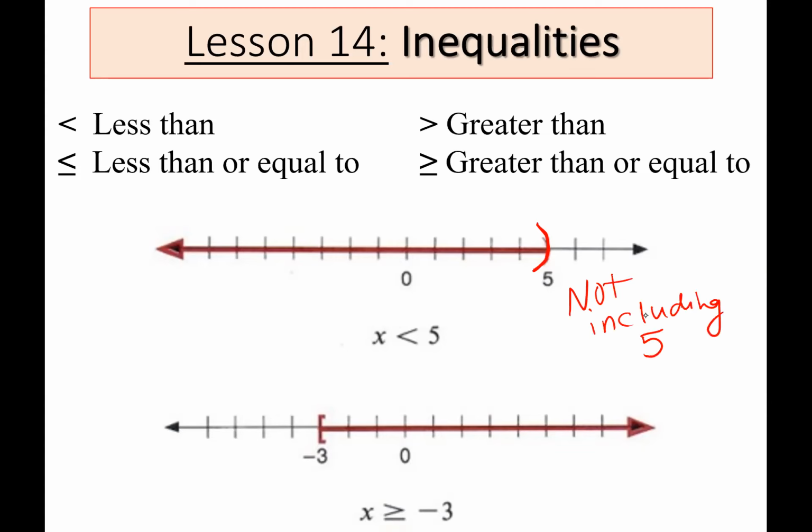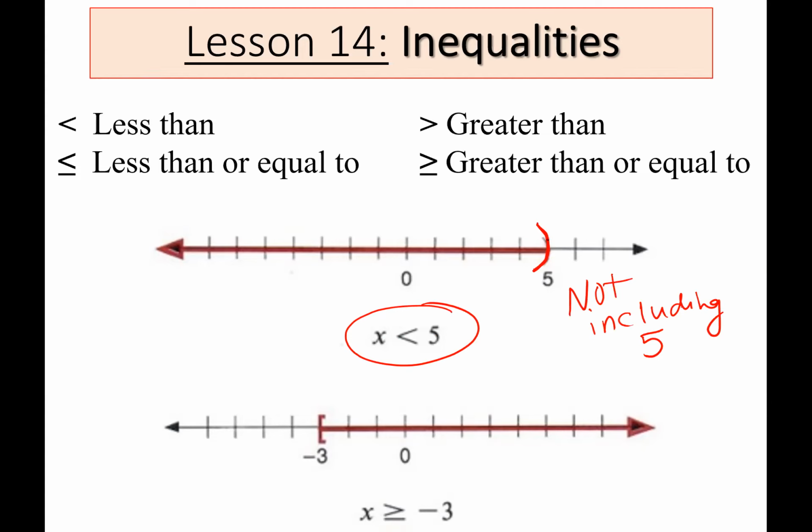So in other words, it's all the numbers that are less than 5. So notice the little statement right below, x is less than 5. X stands for all these numbers. So this is an illustration of all the numbers that are less than 5. Notice that there's an arrow. It's going on forever in that left-hand direction.